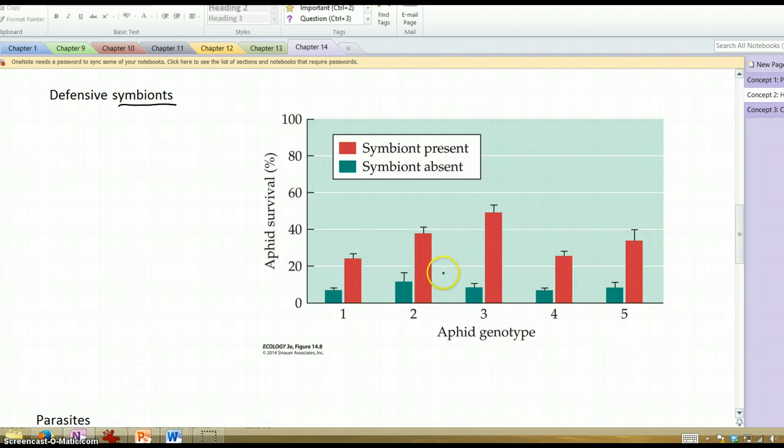But they have a symbiotic bacterium that lives inside them. And when presented, in particular, with a type of fungus that attacks the aphids, when the aphids have their beneficial symbiont inside of them, you can see their survival is much greater than when the symbiont is absent.